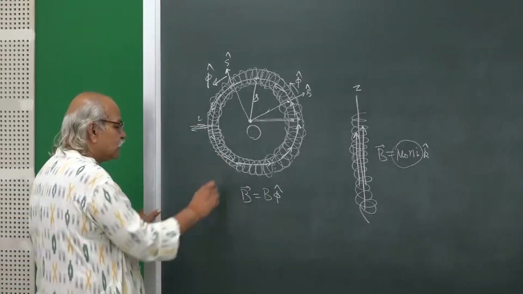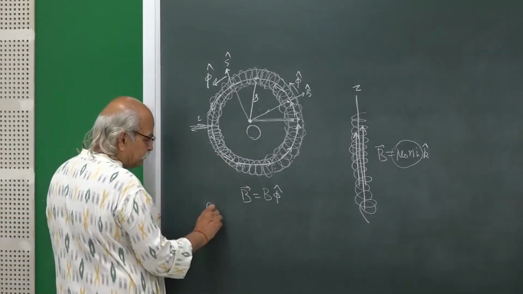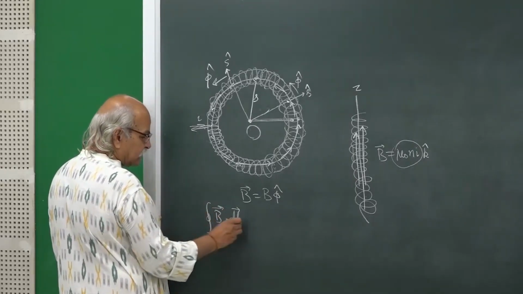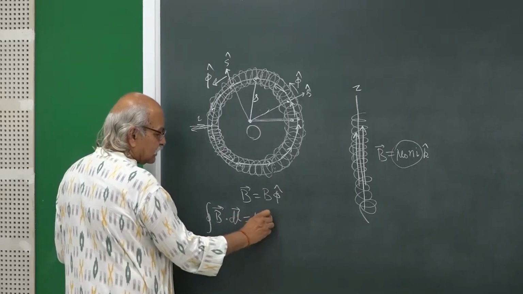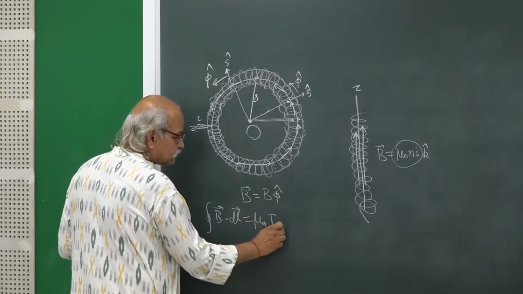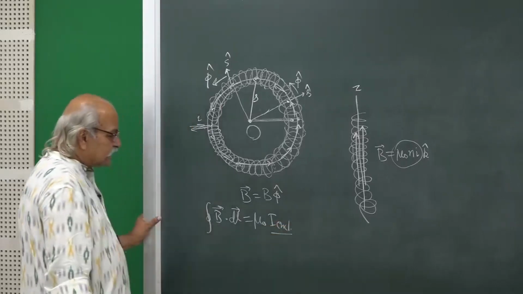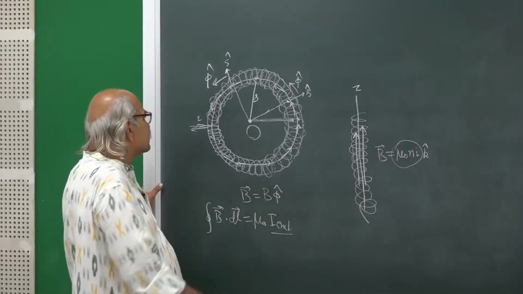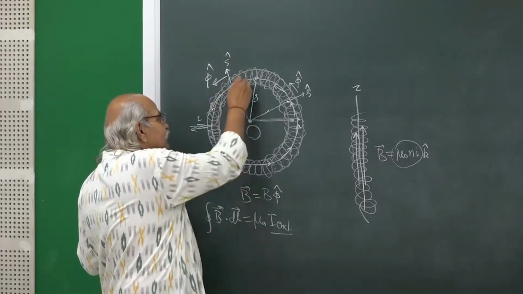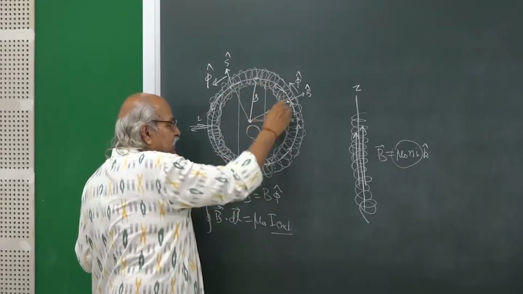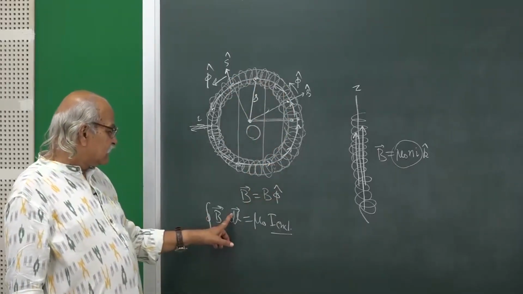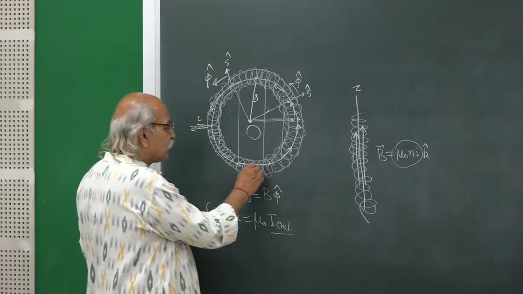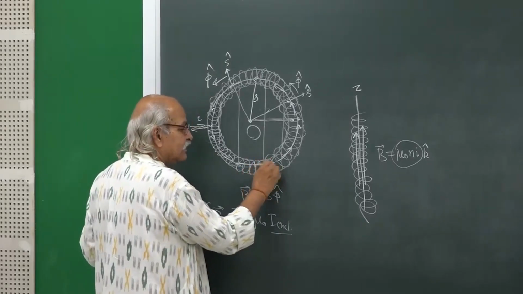So, on this we will be using Ampere's law, and that is B dot dl on the closed curve should be equal to mu naught times I enclosed. What is this I enclosed? Once again, the total current that passes through the area enclosed by the closed curve. Here you have a closed curve, this B dot dl, you take a circle and then say that okay, this is dl, here this is dl, here this is dl.